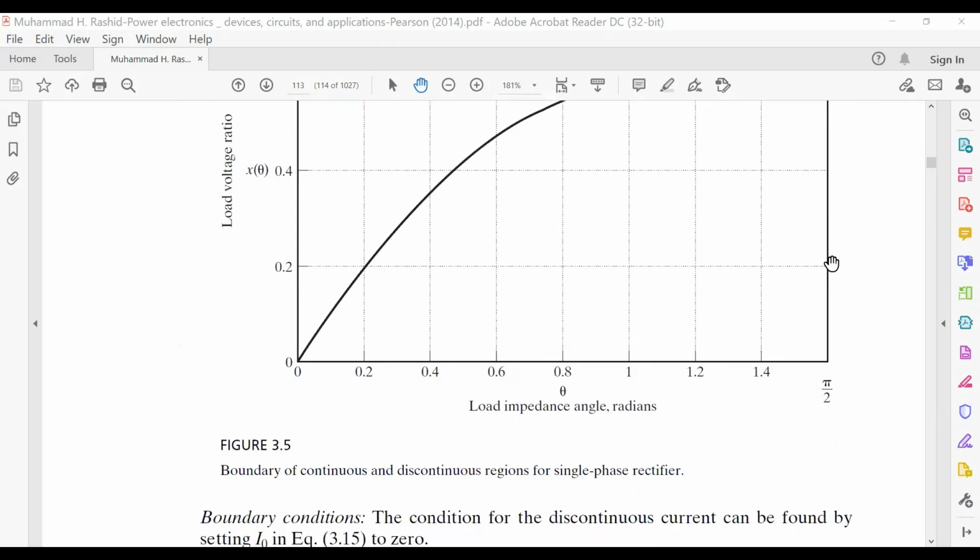And inshallah, after Eid, we shall meet. We shall start, not the three-phase rectifier, I am planning, rather we shall start the controlled rectifier, that means with SCR for the single phase one.